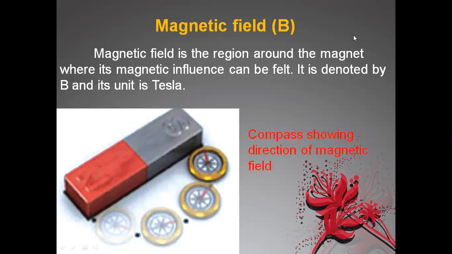These pictures show compasses showing the direction of the magnetic field, which is from north to south pole. The magnetic field penetrates through all kinds of materials.